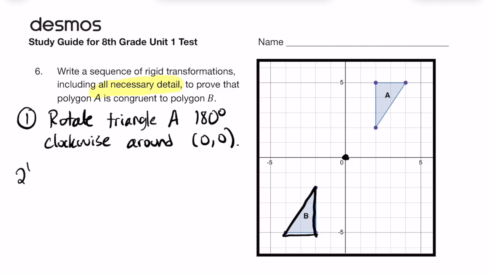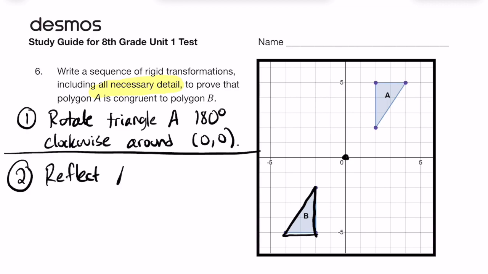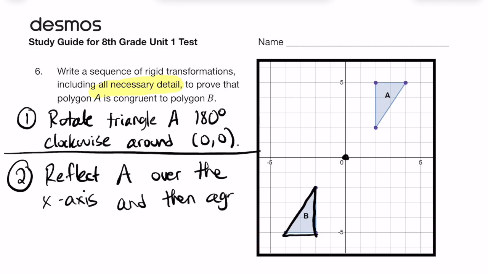The other thing that you could do, this is just a second correct answer, is you could reflect A over the x-axis and then again over the y-axis.